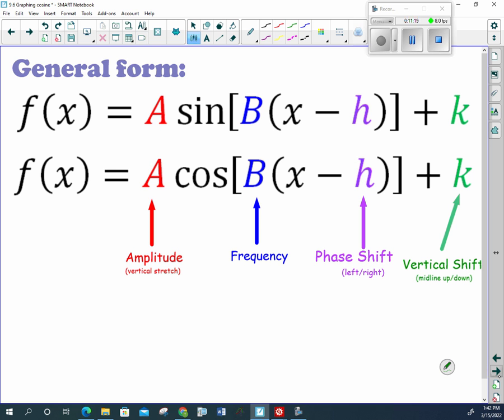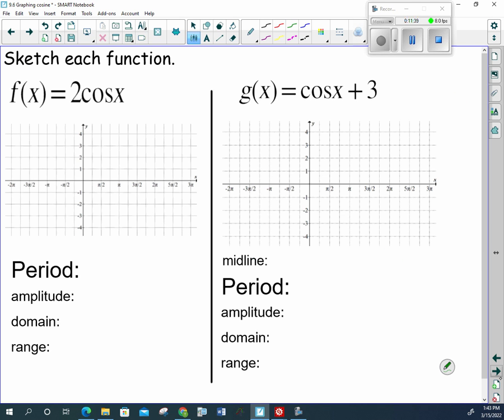Okay, so once again, for the cosine curve, we have A, B, H, and K. We're not doing B today. We're doing A, H, and K, just like we did last time with the sine curve. So A is our amplitude, H is our phase shift, and K is our midline. So we're going to go ahead and do our cosine curve. First of all, I'm going to analyze each equation before I start to graph.